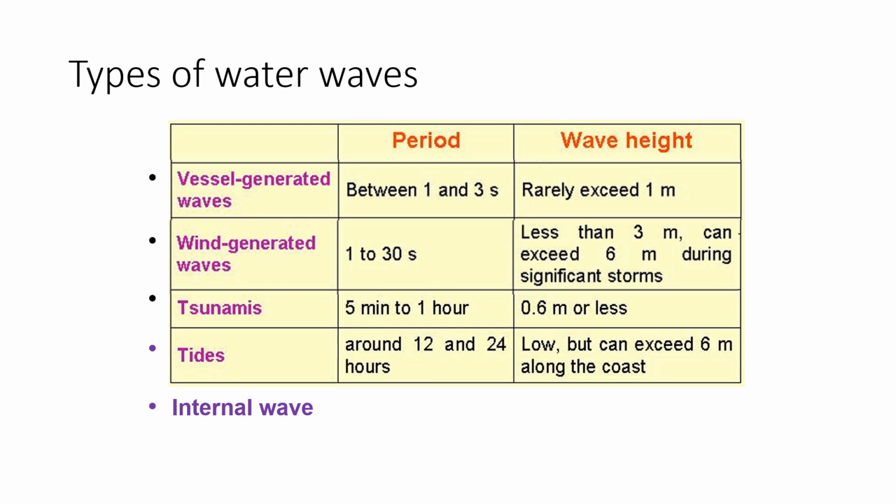And the height of tides varies depending on location along the coastline. It can be low, but can also go up to 6 meter along the shore. But of course, the height of tides varies very slowly and is different from wind waves, which have a short period.